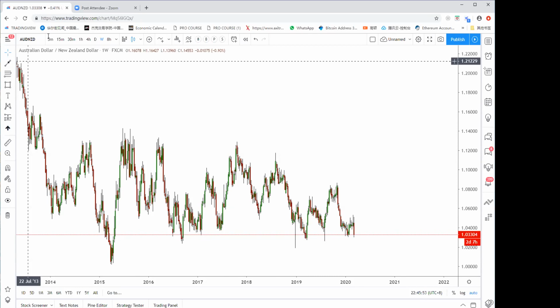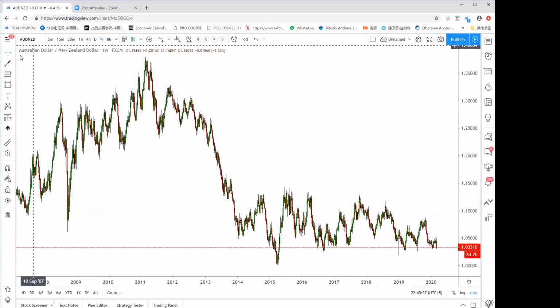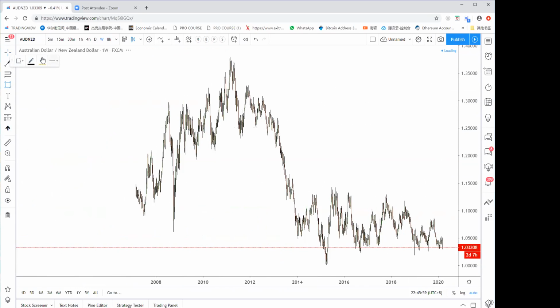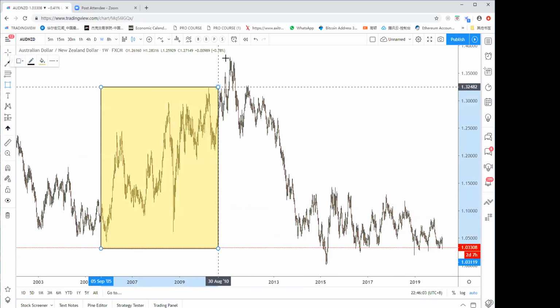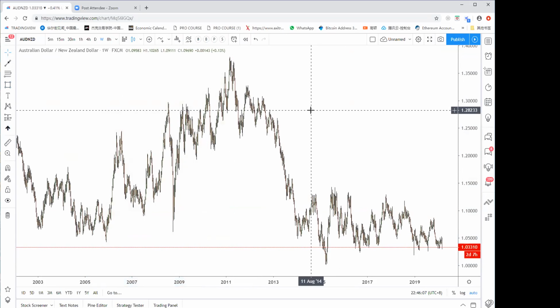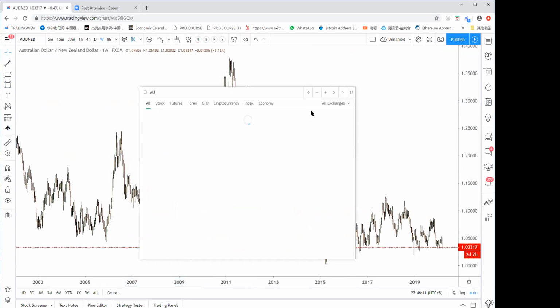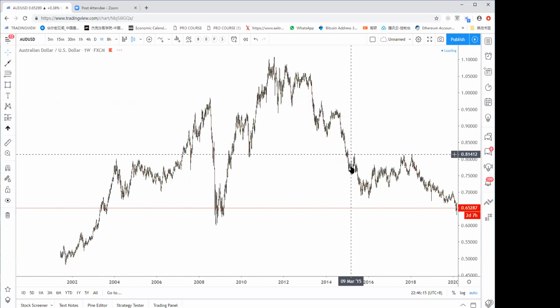The overall range of this pair won't move too much. The extreme low is about 1, and the extreme high is about 1.33, only about 36% of this pair. But if you check the Aussie dollar, how much percent could it give you?